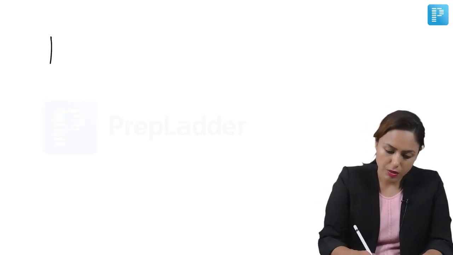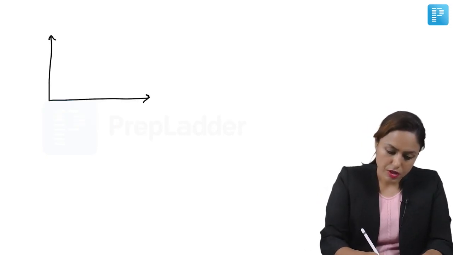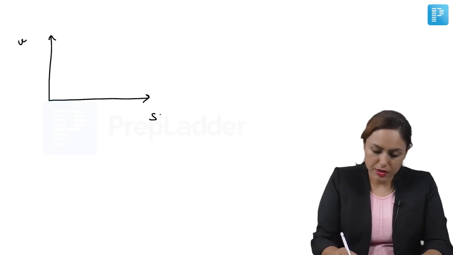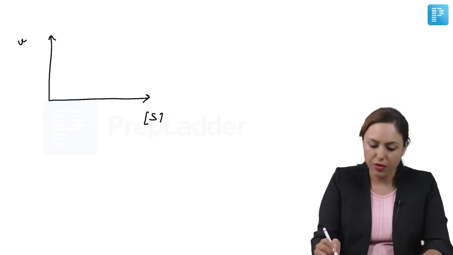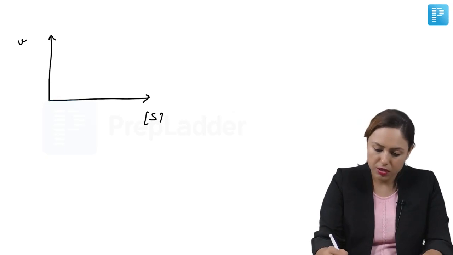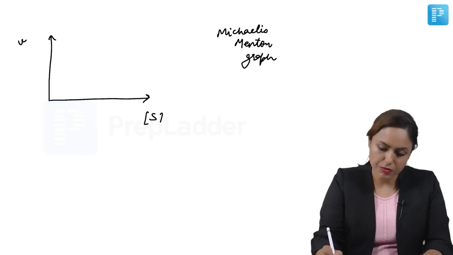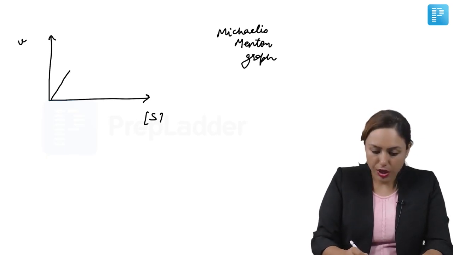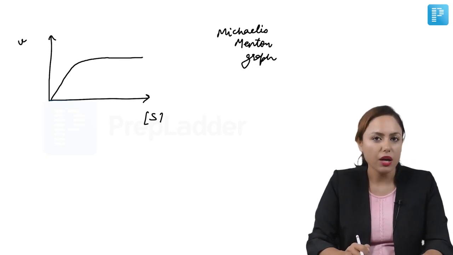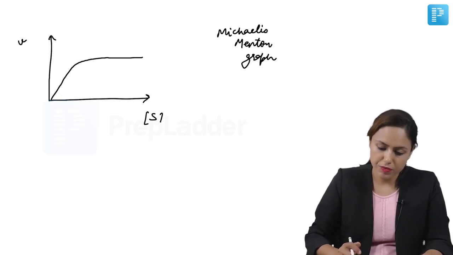Next is with substrate concentration. So velocity here and substrate concentration here, right? So this is called the Michaelis-Menten graph. The shape of this graph is a rectangular hyperbola graph, right?